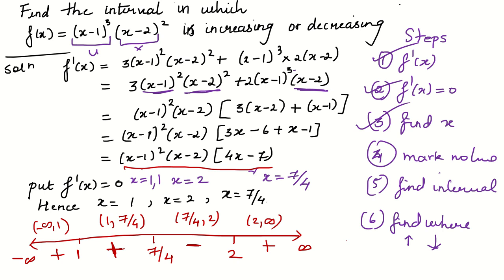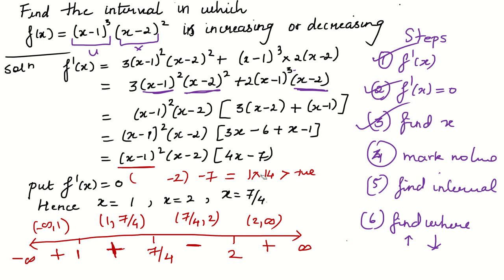If I put 0 in place of x, this bracket is going to give me minus 1 the whole square, this is going to give me minus 2, and this is going to give minus 7. So total it is 1 into minus into minus, plus 2 sevens are 14. So this is greater than 0. So the sign is positive. So it is true that f dash is positive here and f of x is increasing.